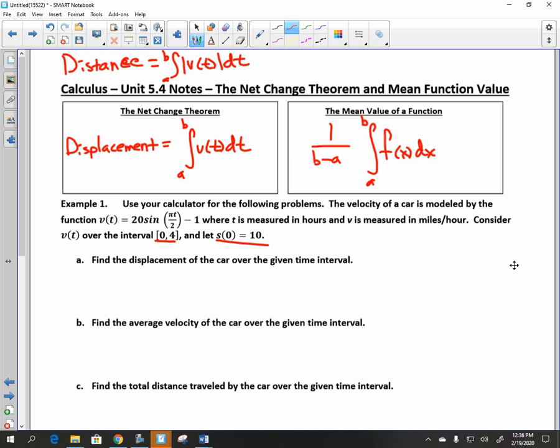Yeah, 0 hours to 4 hours. So we're looking at the velocity of the car over 4 hours. Good with that? Second thing, s of 0 equals 10. So s means position. Position at what time? Position at time 0 is 10. So that means you're like at mile marker 10 on the freeway.